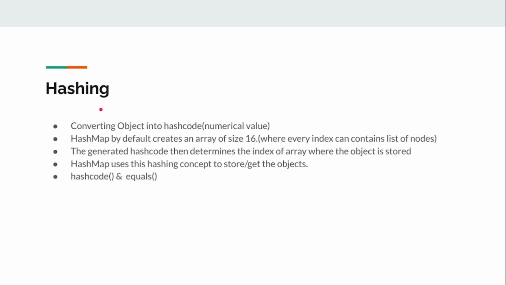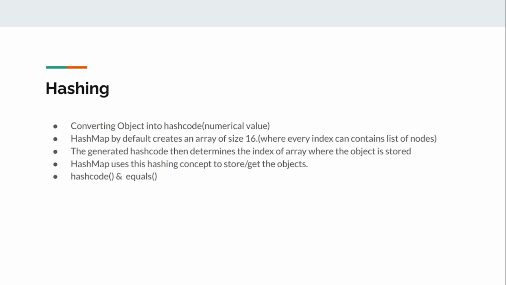Hashing is a two-step process. First step is converting an object into a hash code, and this object is the key object in case of hashmap. The second step is taking the generated hash code and determining the index of the array where the object is stored, using a formula that we'll see later.